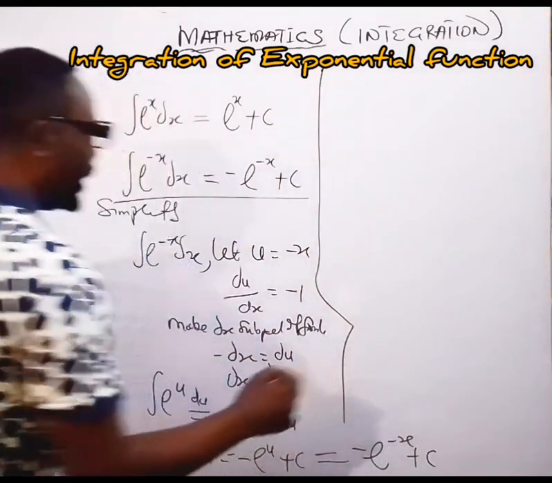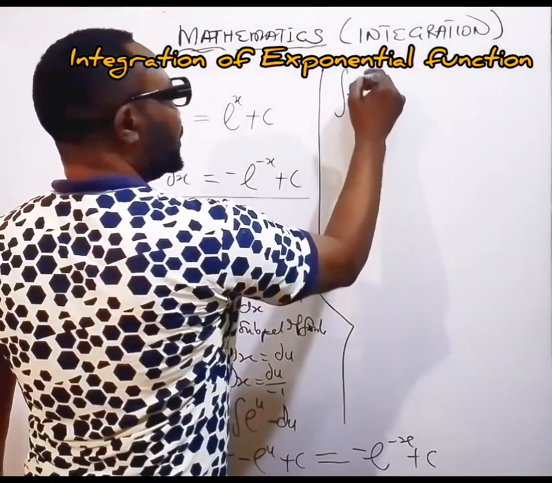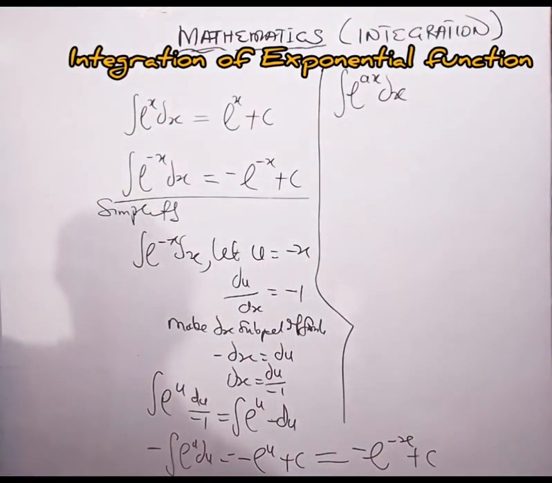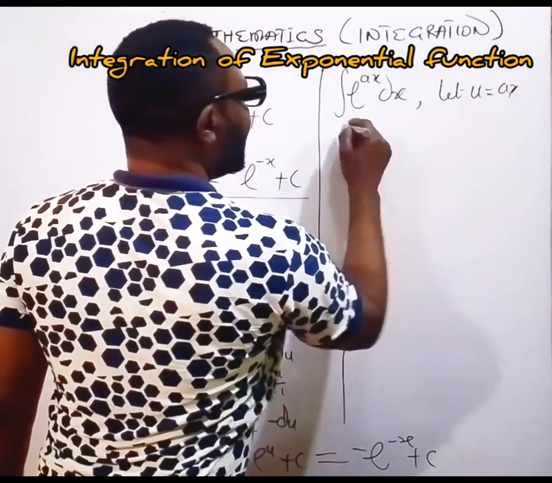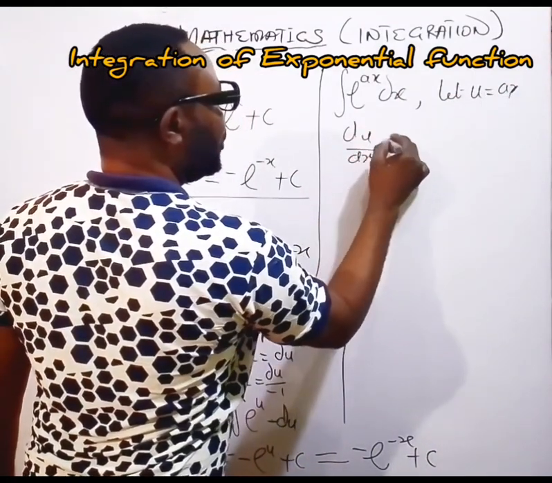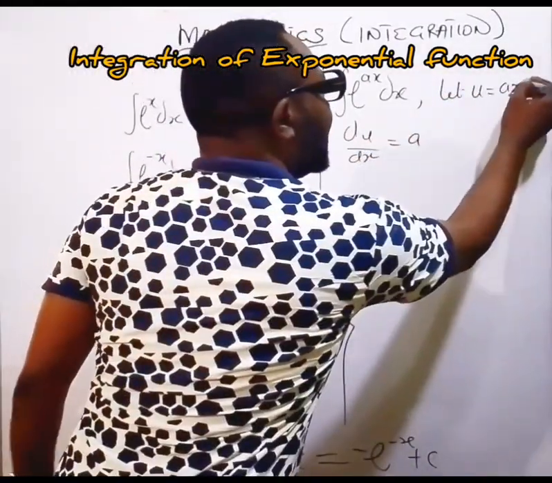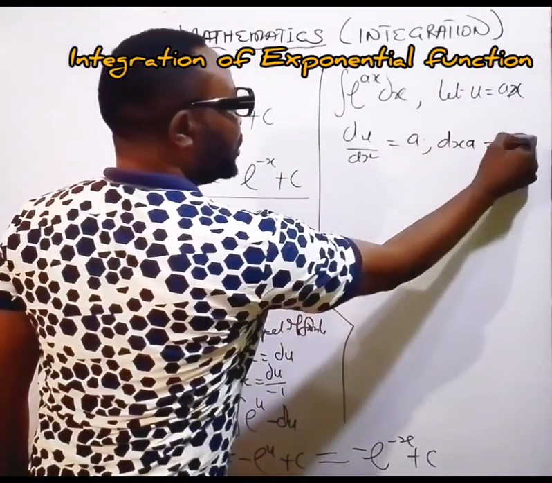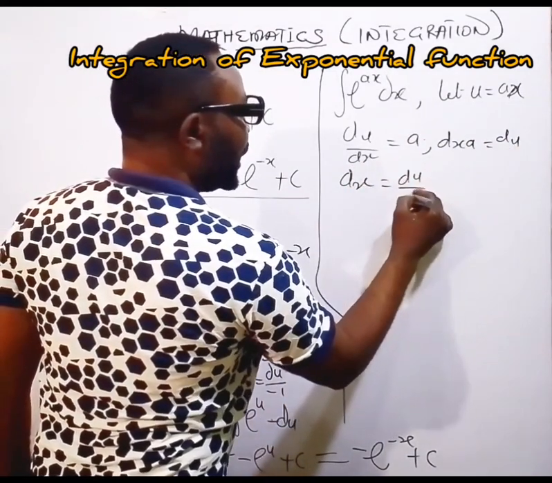Now I have another value here for which I also want to find the integration: exponential ax dx. In this case you can say let u equal ax. du dx will be equal to a, since we are differentiating u with respect to x. So dx times a is equal to du, where dx will be equal to du over a.